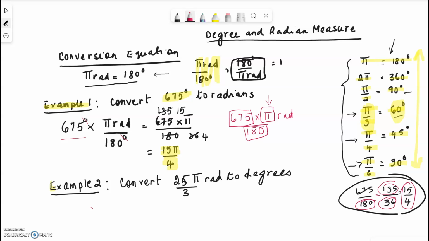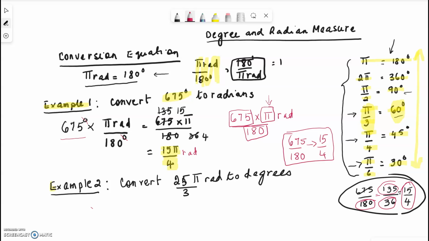Obviously, you don't have to do this by hand. Use the fraction function on your calculator to convert 675 over 180 into its equivalent form, which is 15 over 4. So basically, what we've shown is that 675 degrees is equal to 15 pi over 4 radians.